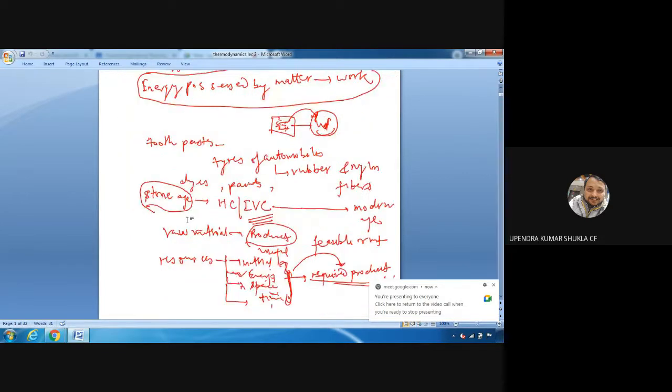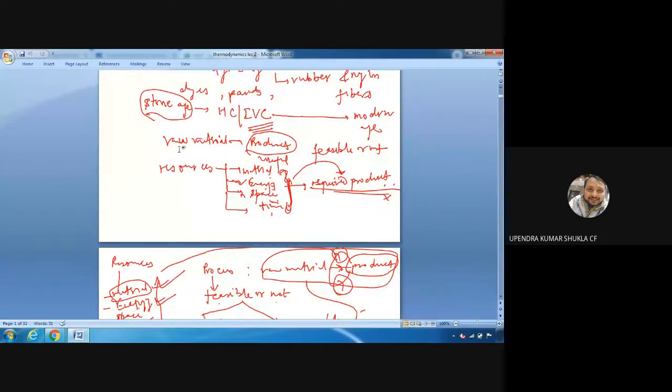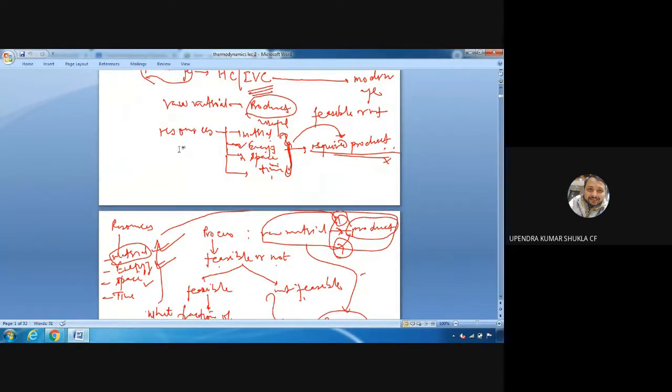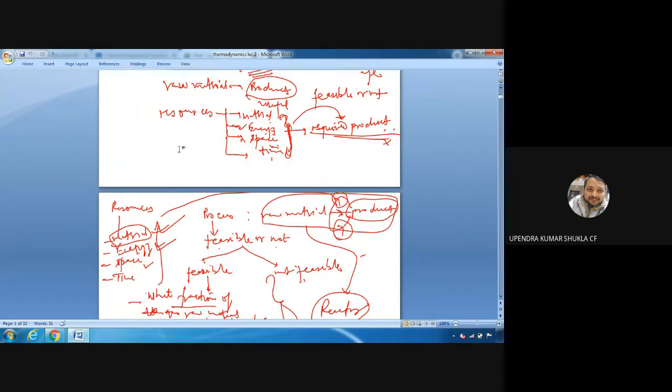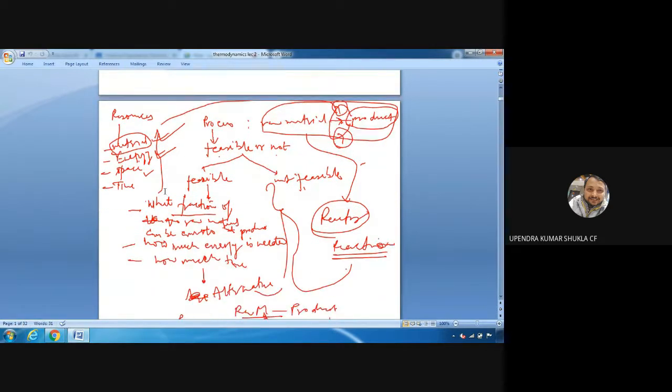And then we have taken some examples related to that, and how raw material is converted into the product. What do we need? We need the resources like material, energy, space, and time, and we have to optimize all those things, to optimize those processes.